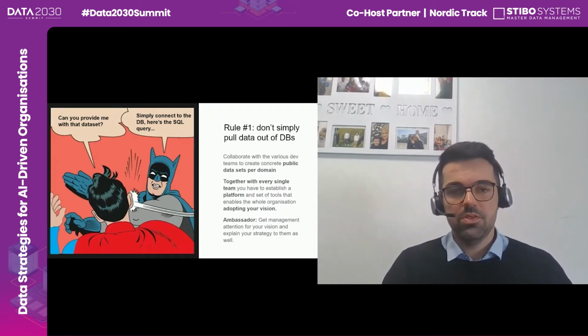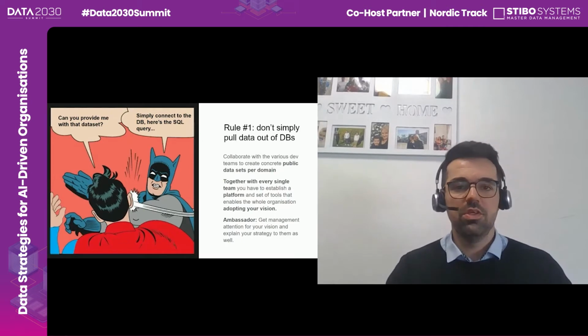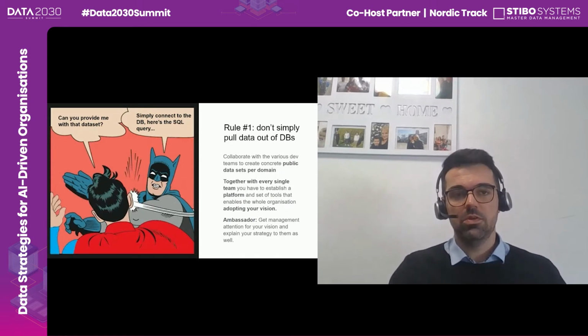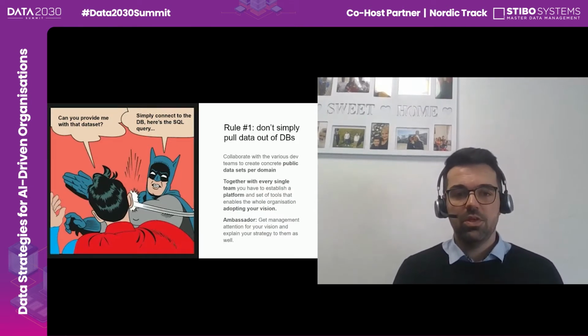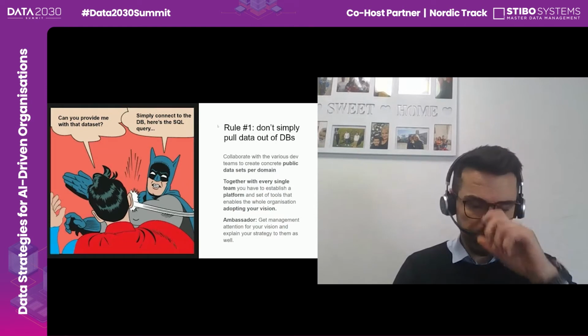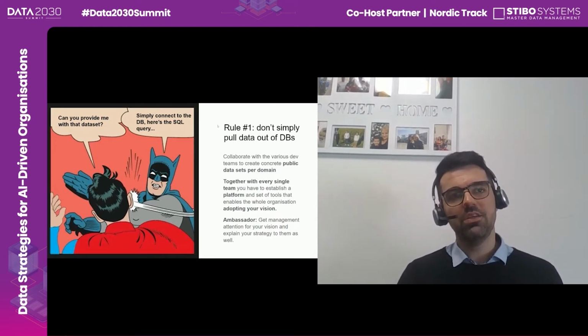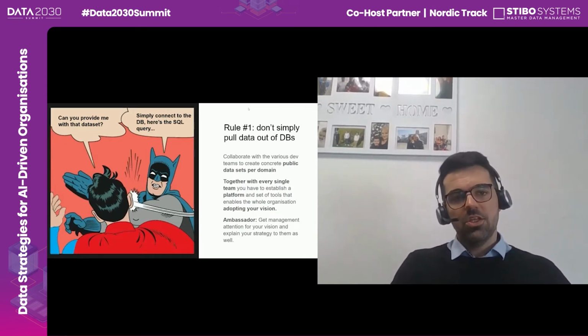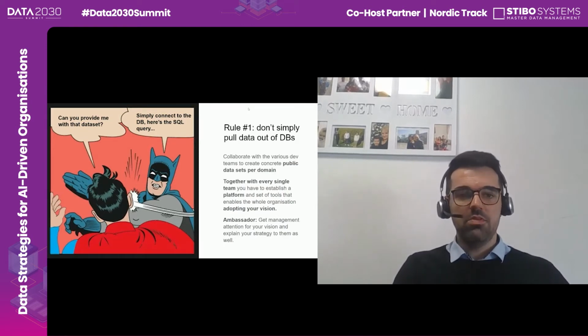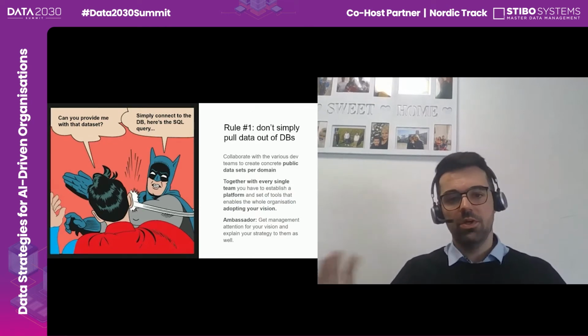And the biggest problem is if you just get a connection string to a database, maybe somebody gives you some SQL queries without further explanation, and then you try on your own, digging into the data, figuring out some insights, getting more data, using the data in some way in your machine learning pipelines, in your reports, etc. So a lot of business logic was actually created completely decentralized, and the various teams probably implemented the same business logic a couple of times, maybe even more times, and all of them in quite a different way.